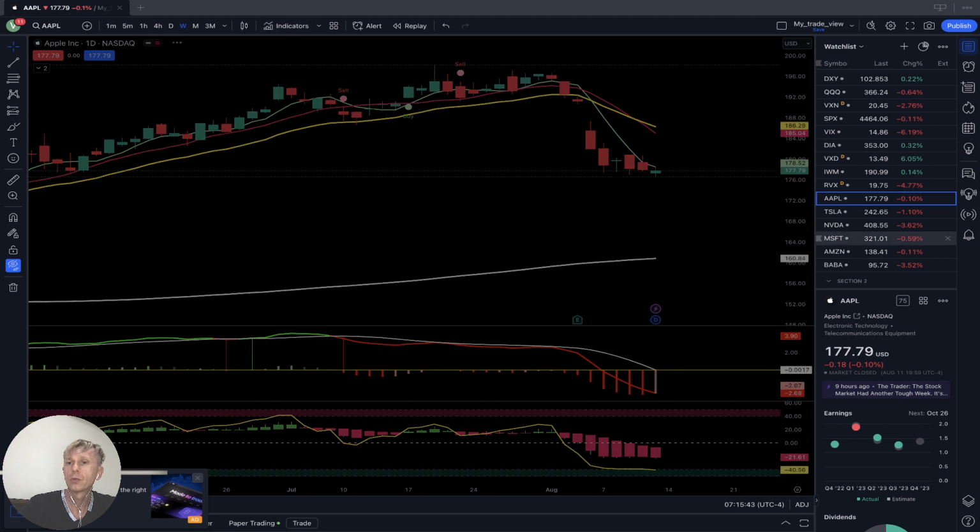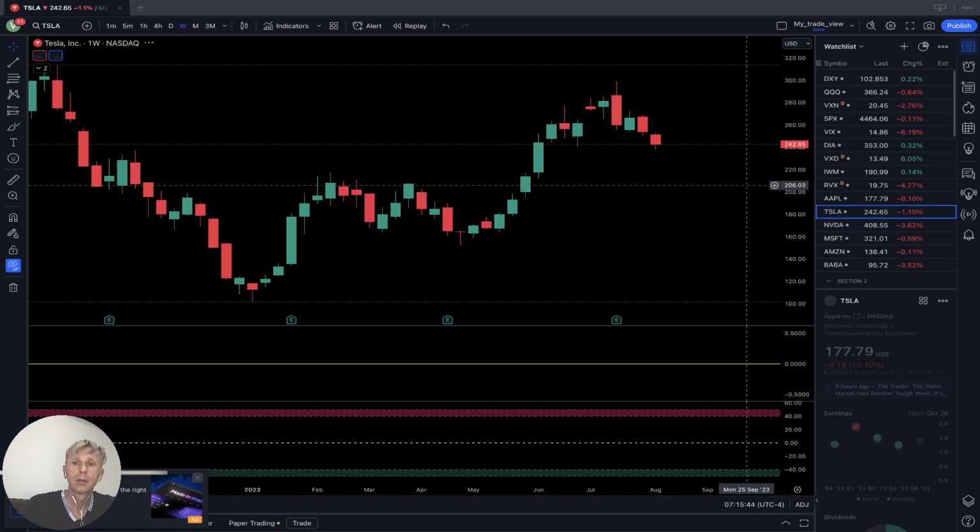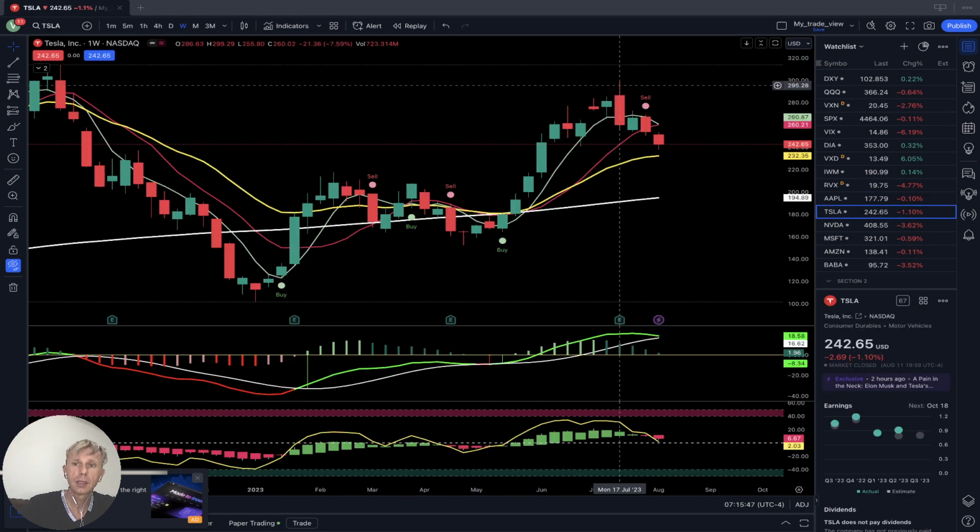Now let's move to Tesla. Tesla weekly. Tesla from the start, it's also from the top, right? It was $300 and now the low was $236. It means minus $60.